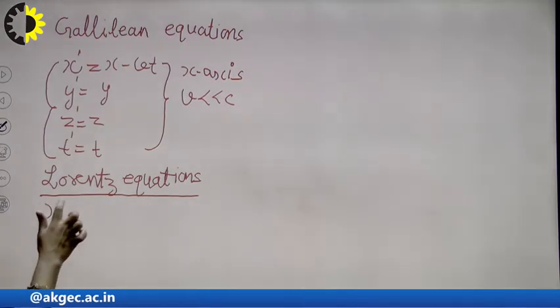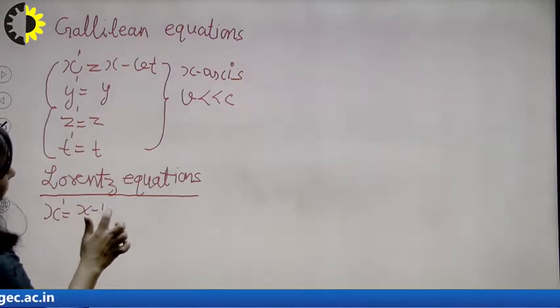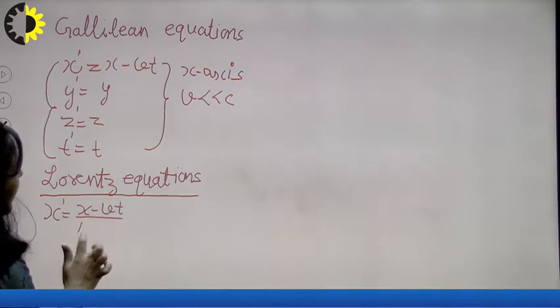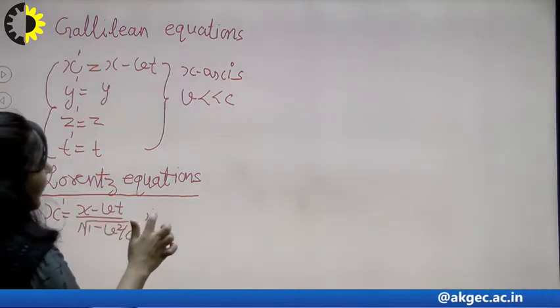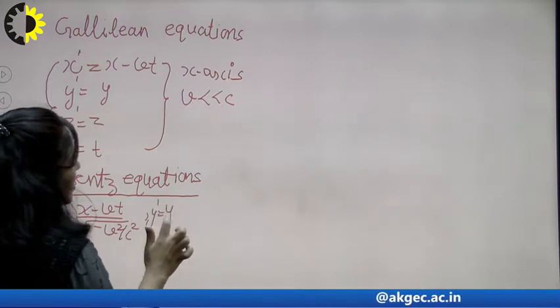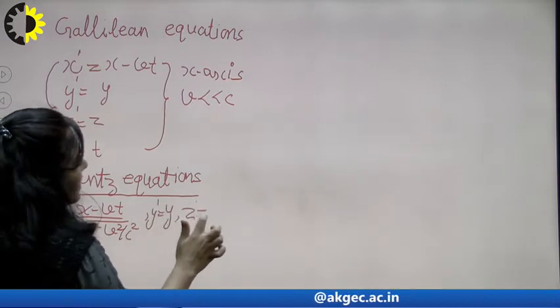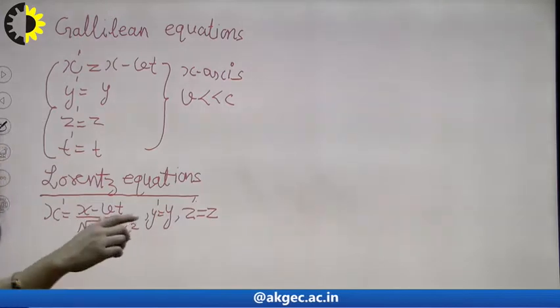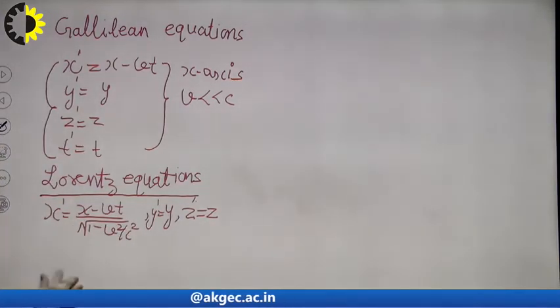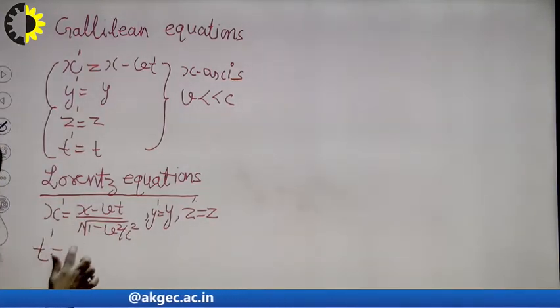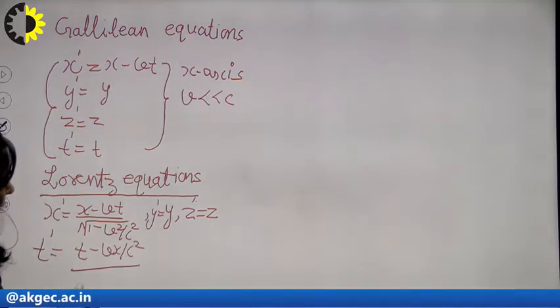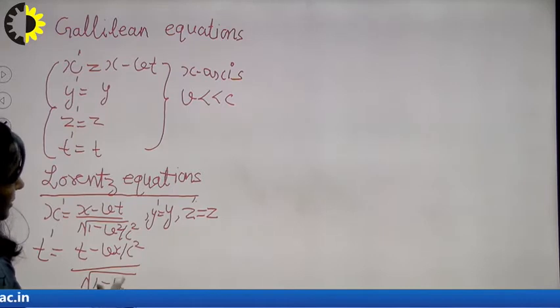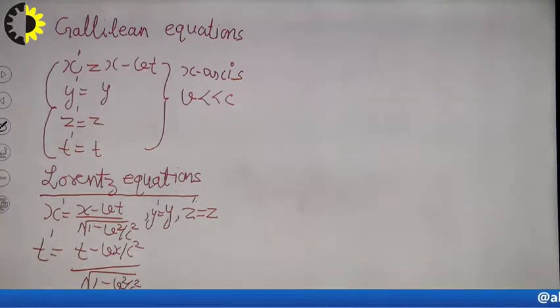First, x dash is x minus vt upon root 1 minus v square upon c square, y dash is y, z dash is z. Again these equations are applicable when S dash is moving along the x axis. And the time transformation is t dash equals t minus vx upon c square upon under root 1 minus v square upon c square. I hope you remember these equations.